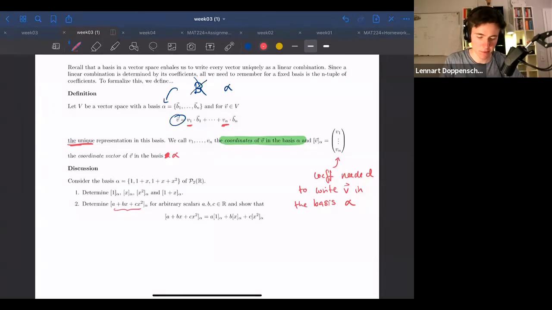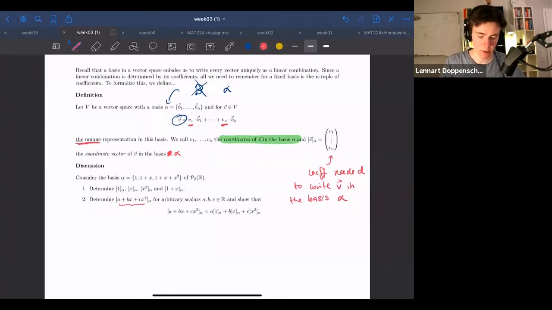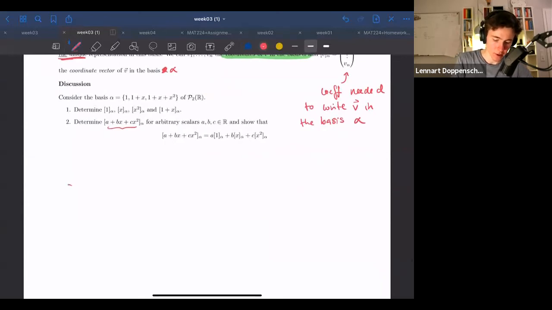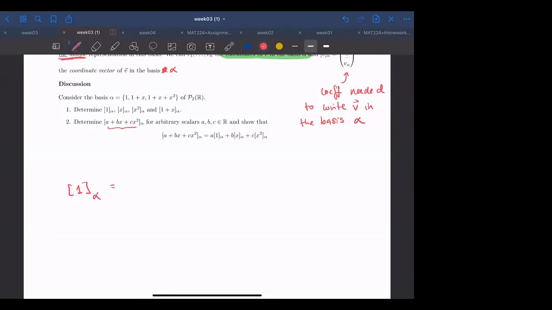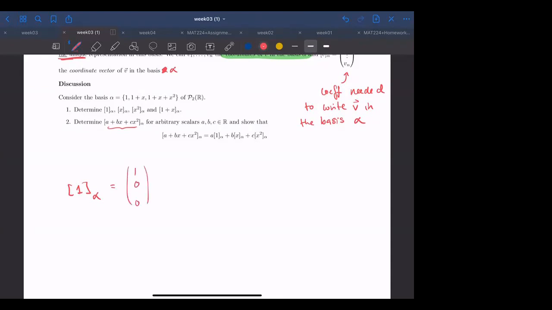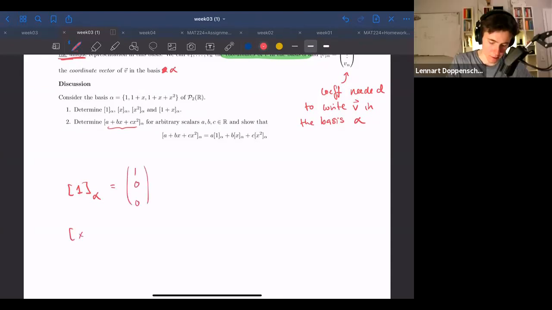Okay. Before time runs out, let's discuss what you found. So, what is the coordinate vector of 1 in this basis alpha? 1, 0, 0. Yes, correct. What about x? -1, 1, 0.